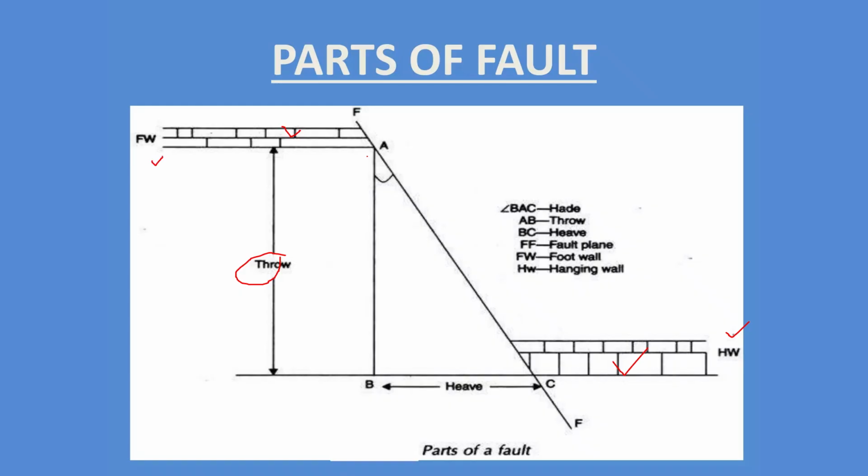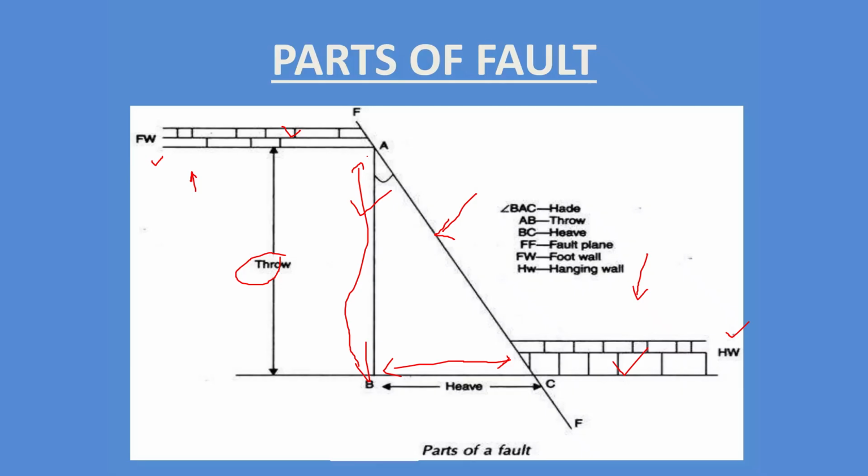The foot wall is the block that has moved up with respect to the fault plane, and the block which moved down with respect to the other block is called the hanging wall, and this is the fault plane. This is the vertical component of the displacement, so this part is called the throw, and the horizontal component of the fault, BC, is called heave, and AP here is called throw.